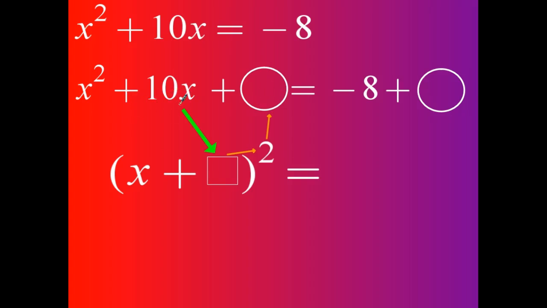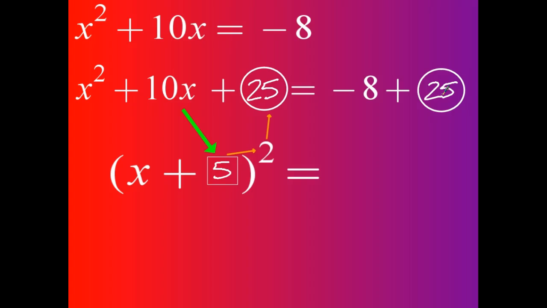Well, what's that number? I'm going to look at positive 10x. What's half of positive 10? That's going to be 5, so I've got x plus 5. This is now my perfect square. So x plus 5 squared gives 25. I'm going to artificially add 25 to the left side. Now, as equations go, if I add 25 to the left side, I must do the same to the right side, otherwise it's not equal anymore.